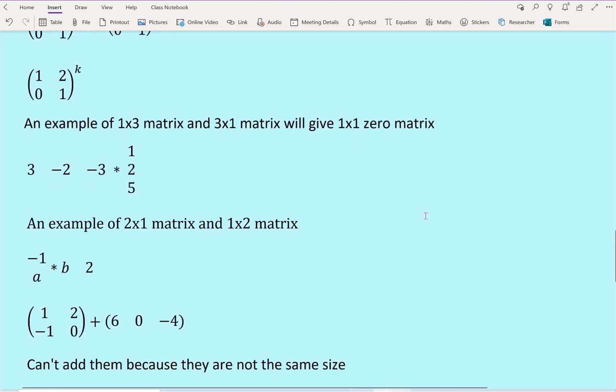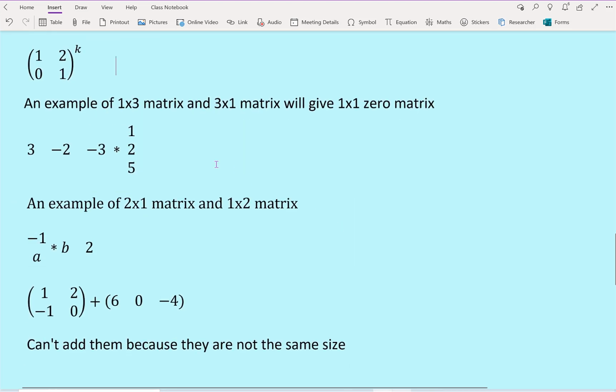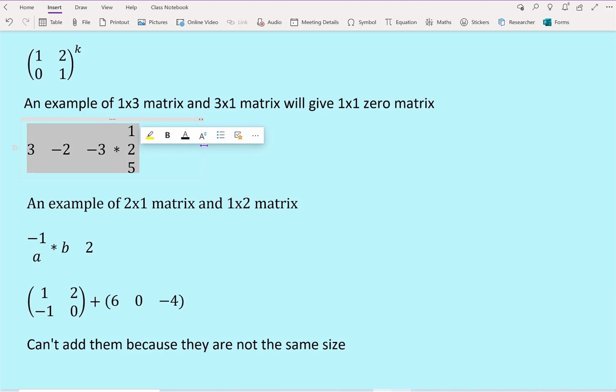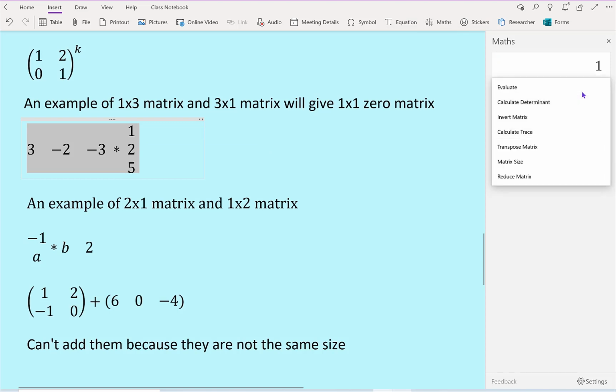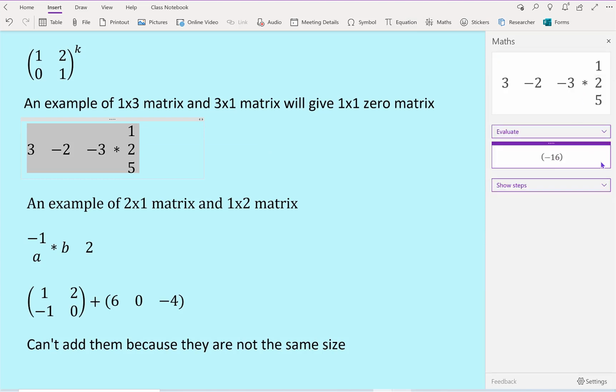Right, the one underneath is a 1 by 3 matrix times a 3 by 1 matrix. Again, I've used the correct structure when I type in the information from the equation tools box. Now I'm just going to press on the math button and it will evaluate for me. Here we go.